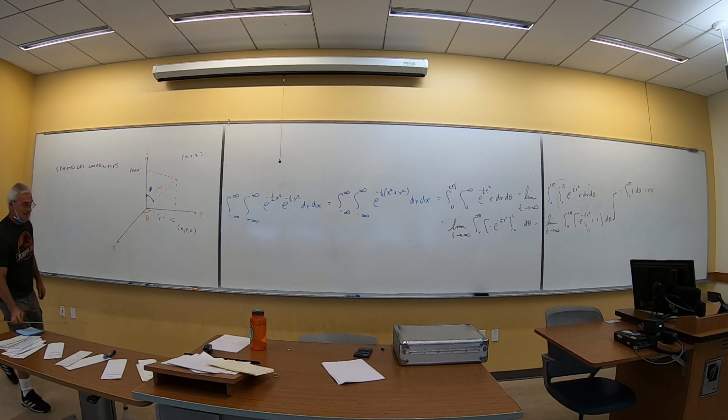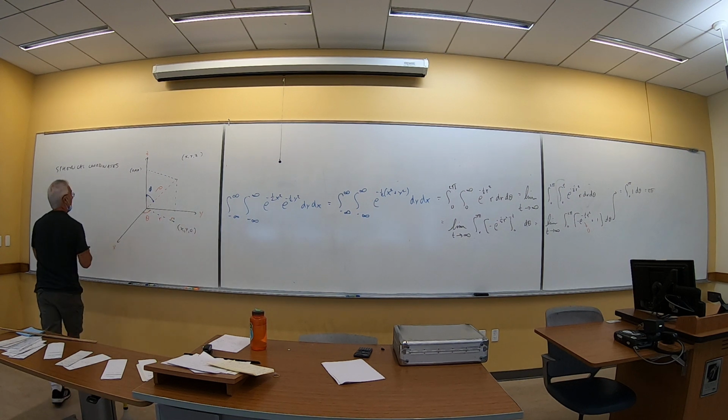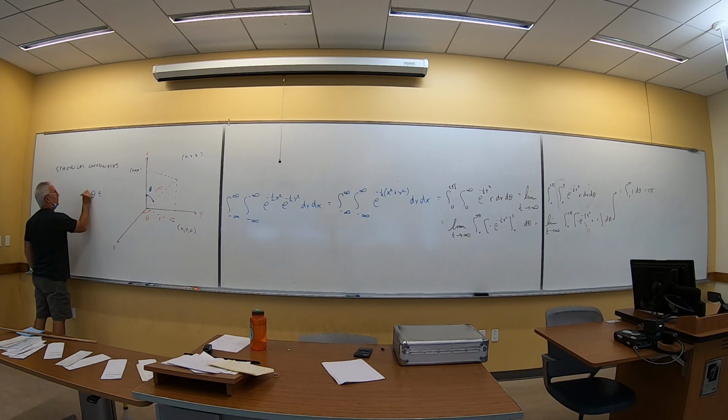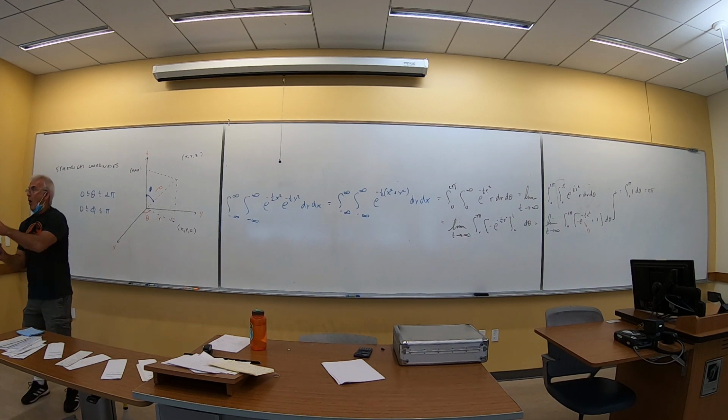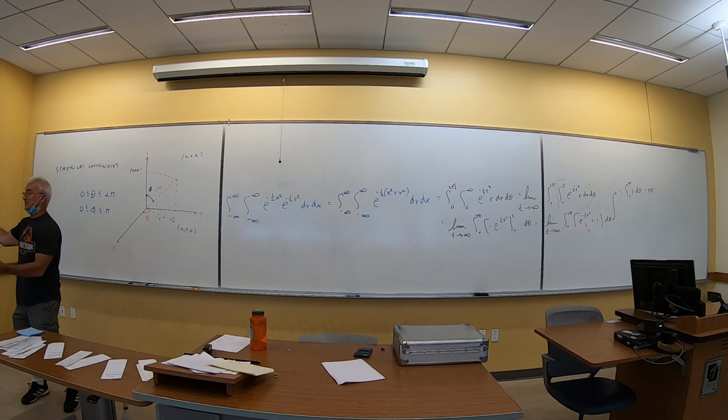Okay, so the boundaries I should say: we know theta potentially could go from 0 to 2 pi. Phi can only go from 0 to pi. In fact, on the xy plane, phi is pi over 2. So in the hemisphere, phi would be pi over 2. Okay?